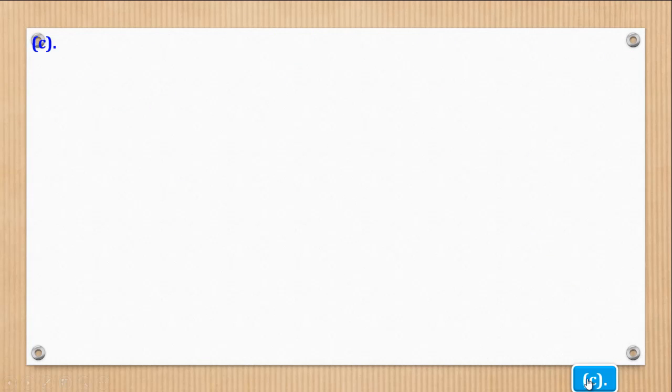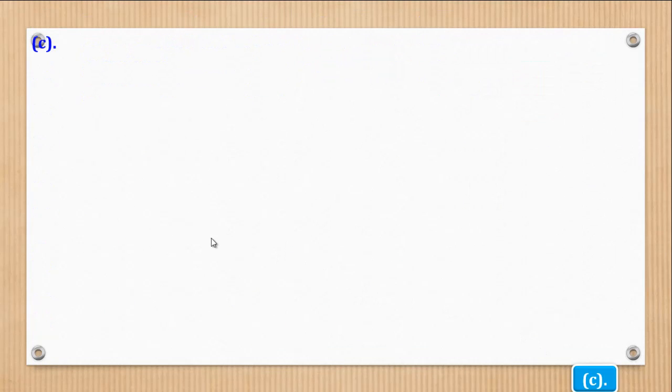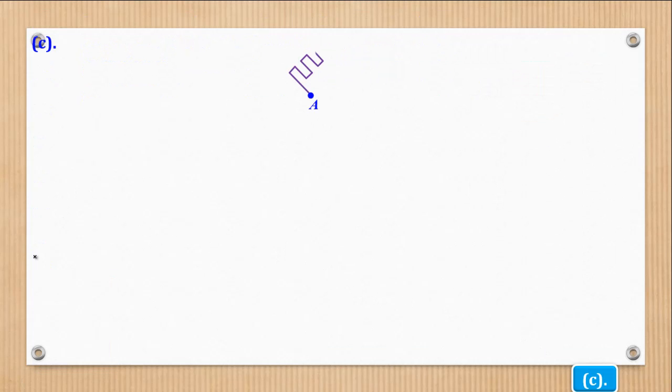Then part C, with the aid of a diagram, describe how the presence of radiation is detected by a bolometer connected to a Wheatstone bridge. So we shall need a diagram. That's a bolometer, then we shall connect it to a Wheatstone bridge.